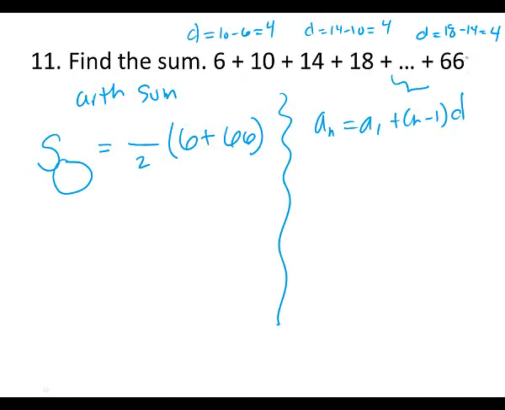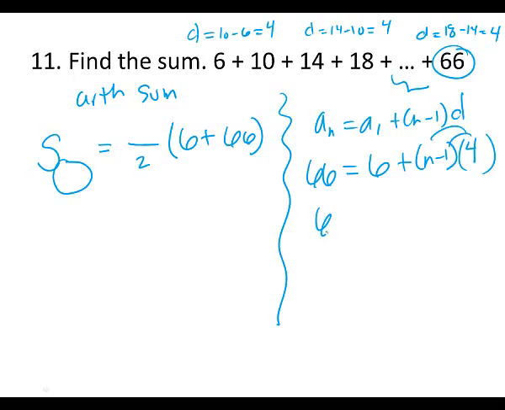So what is my a sub n value? 66. What's my first term? 6 plus, I don't know n. What's my difference that I calculated already? 4. Good. All right, I'm going to go ahead and distribute this in. At the same time, let's do some fancier algebra here.